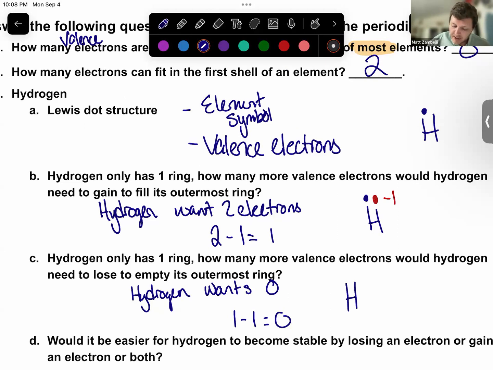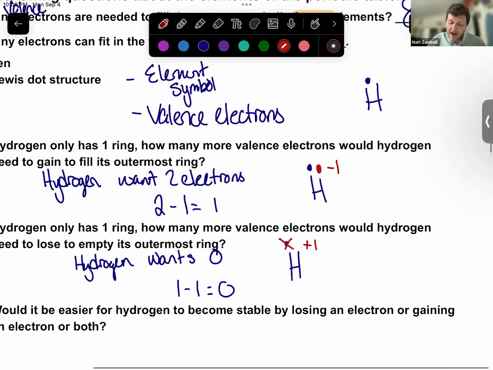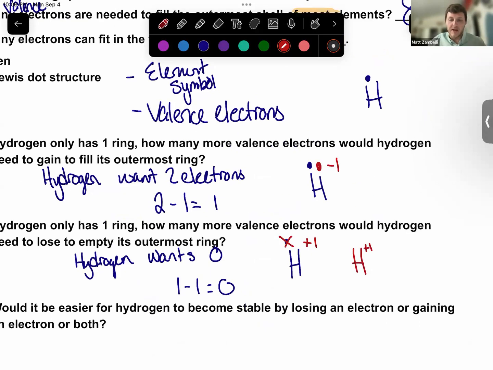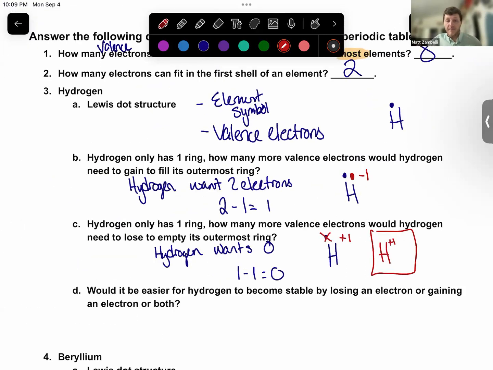So hydrogen, just like before, could lose that 1 electron and be happy with a +1 charge. So hydrogen with a +1 charge would be our final answer here. And both of them could be correct.